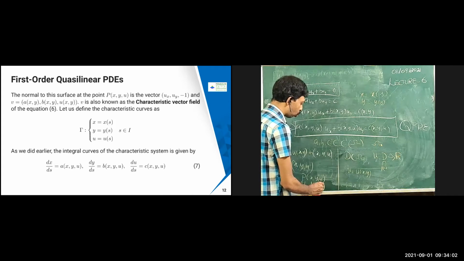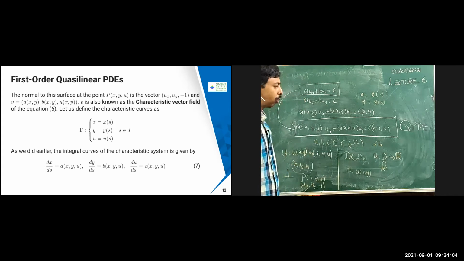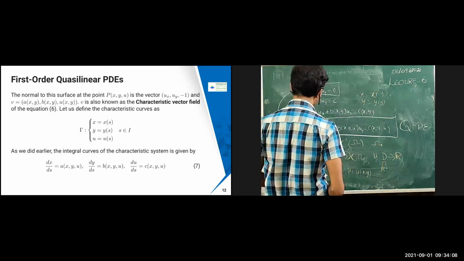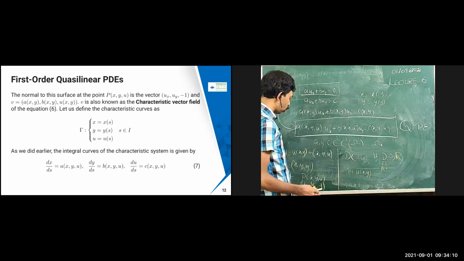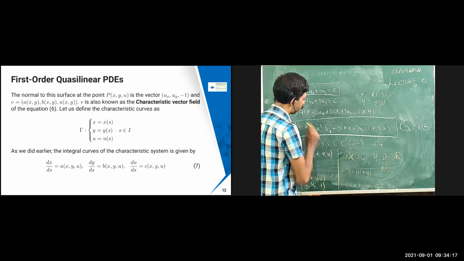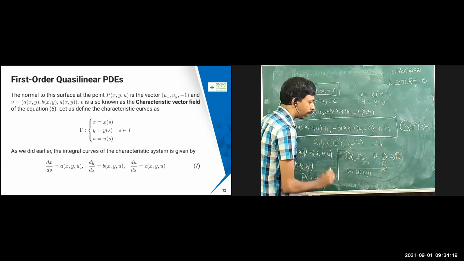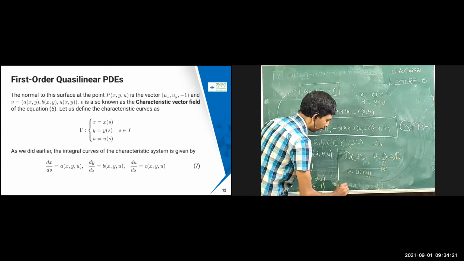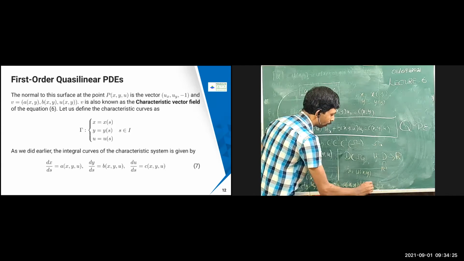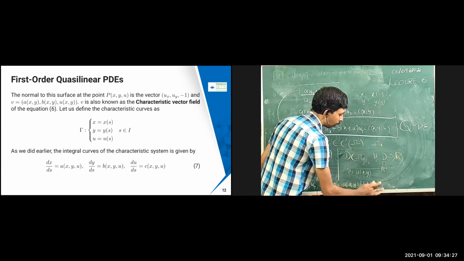So (ux, uy, minus 1) is the normal to the surface at this point, the same idea as in the last one. Now, v equal to (a(x, y, u), b(x, y, u), c(x, y, u)).